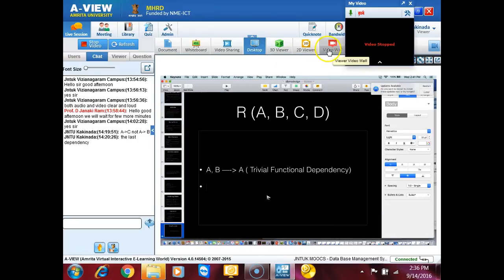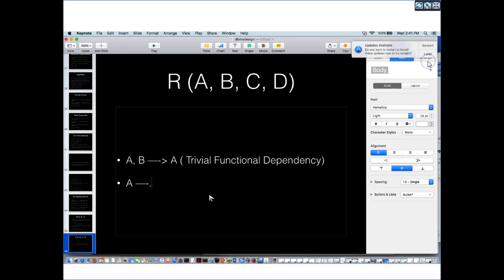How do you show that A functionally determines B? This means that given a tuple with A1 to B1, there is also another tuple with A2 to B2. Now, if A1 and A2 are the same, then B1 and B2 have to be the same.